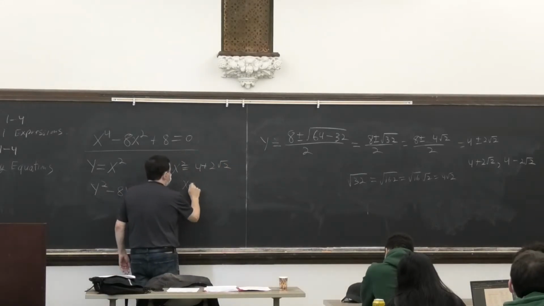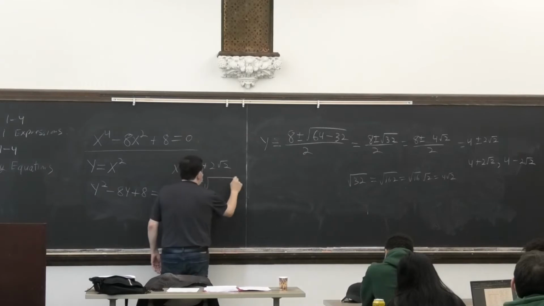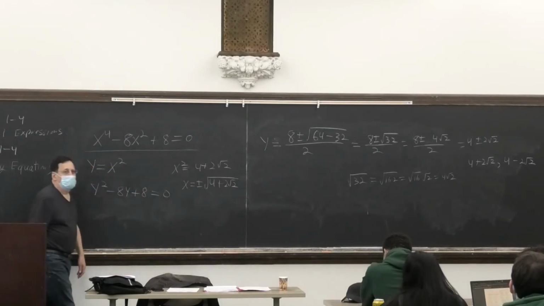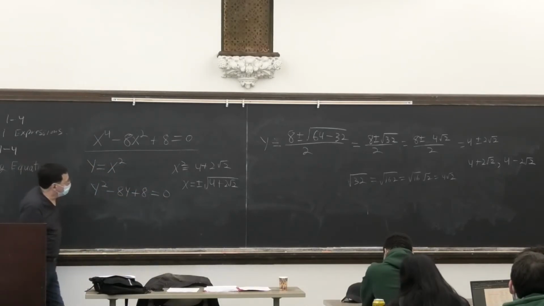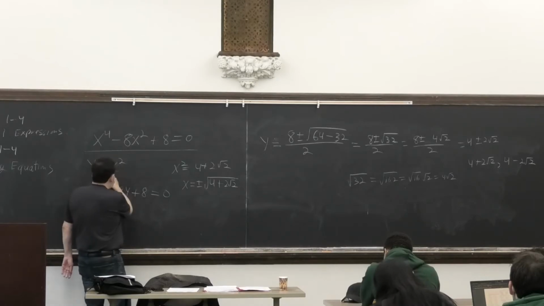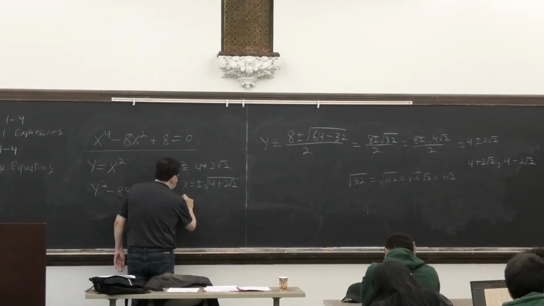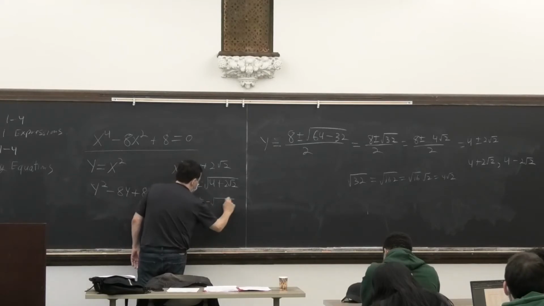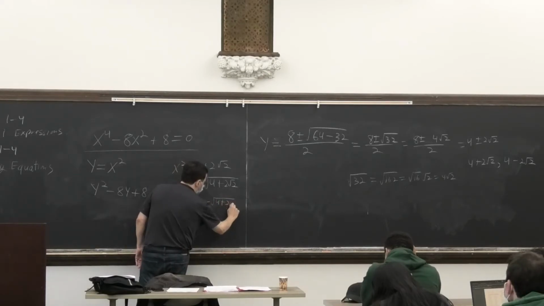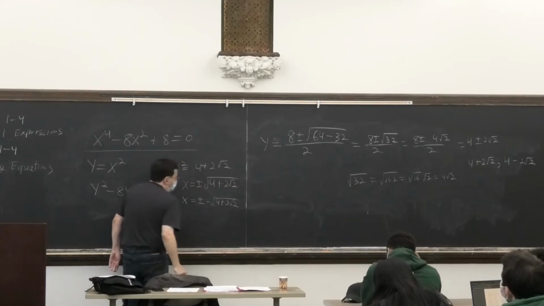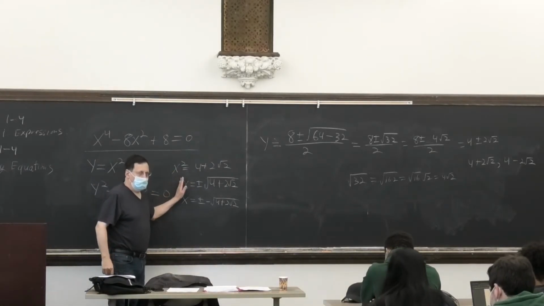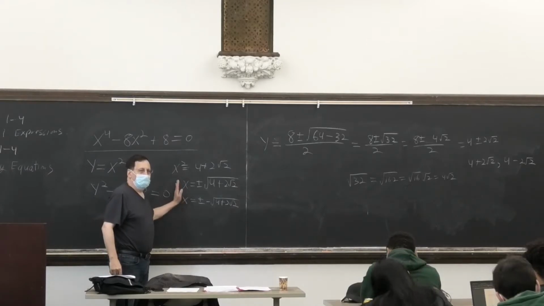Okay, so x is plus or minus the square root of 4 plus 2 square root of 2. Now that's not very pretty, but it's a number. Solution. We also can substitute the other root. And you may have observed this. There are 4 roots.